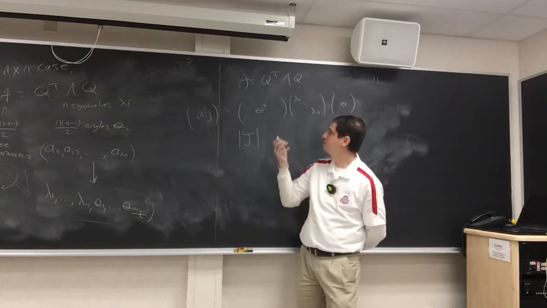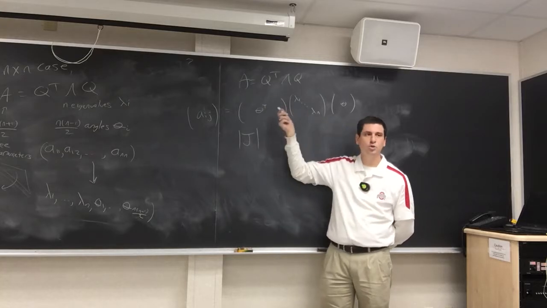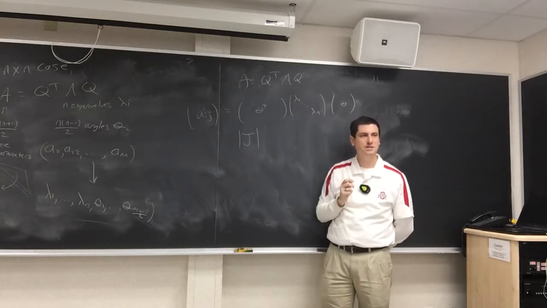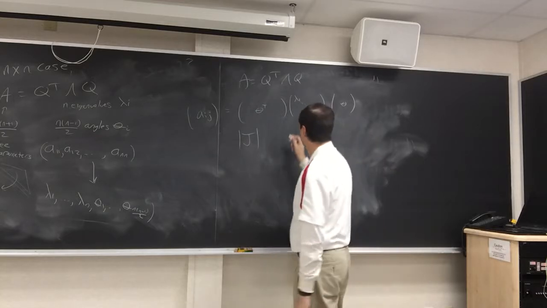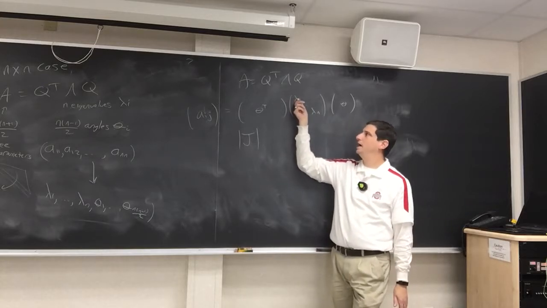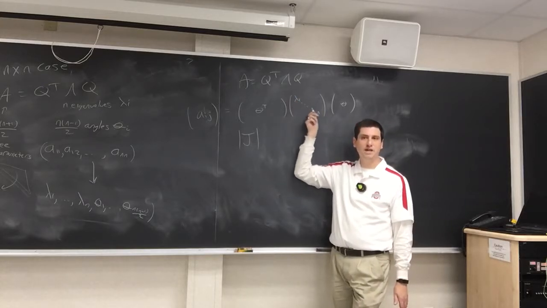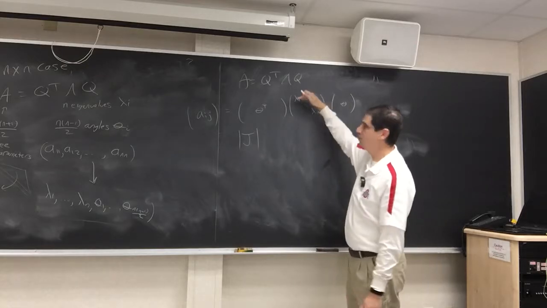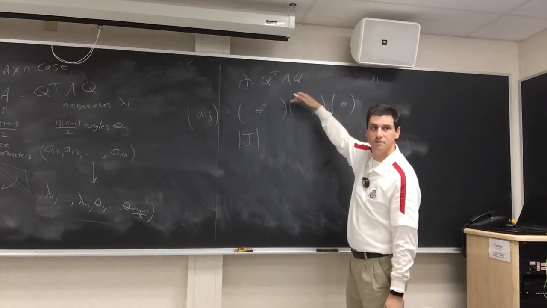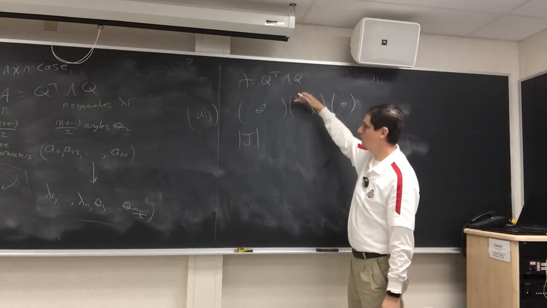So what I claim is this final quantity, each entry is linear in the eigenvalues. And the reason is when you do the multiplication out, I have a diagonal matrix with just lambdas down here. So when I do the first multiplication here, if I take the first column times this, I'll get a lambda 1 from that.